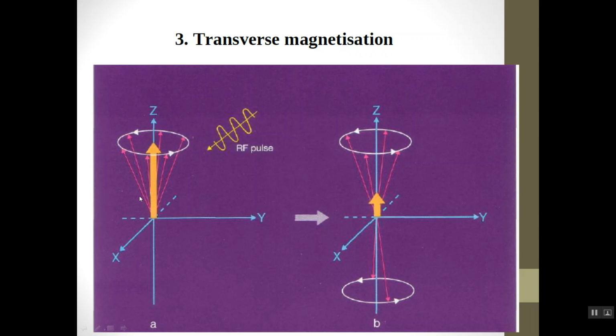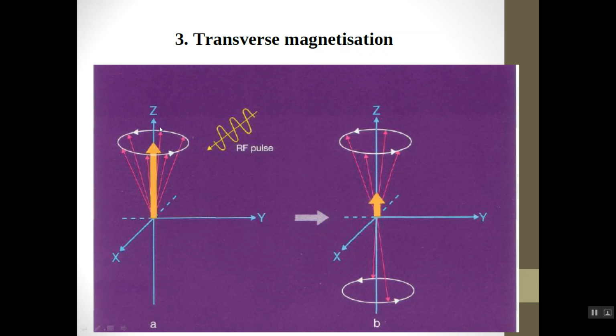So when we position the patient in supine position inside the magnetic field, the protons align with the main magnetic field, causing this longitudinal magnetization. So the red arrow is representing the magnetization in the z direction, which is called longitudinal magnetization.